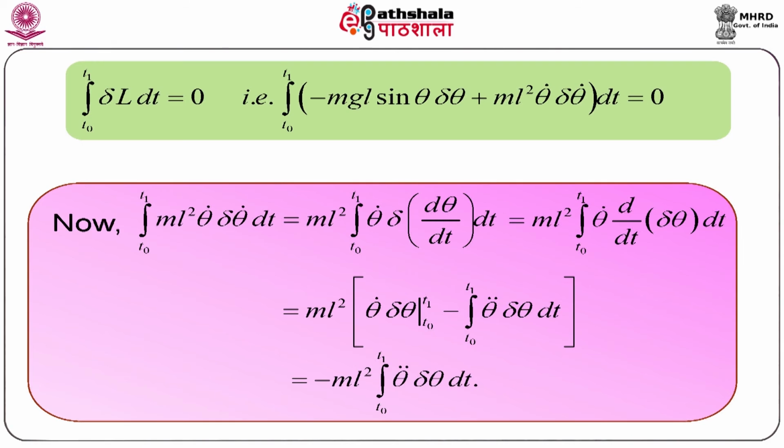On simplification, we get ∫ from t0 to t1 of mL² θ̇ δθ̇ dt = −mL² ∫ from t0 to t1 of θ̈ δθ dt.